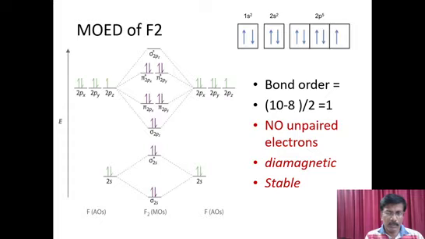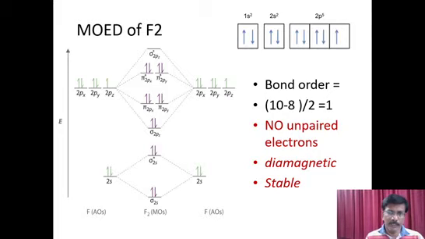When you fill up the molecular orbitals, 18 electrons definitely end up similarly. So the bond order, magnetic behavior, and stability must be the same. The electronic arrangement, bond order, and magnetic behavior are almost similar when we compare O2 minus 2 and F2.